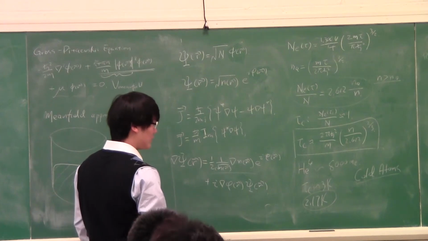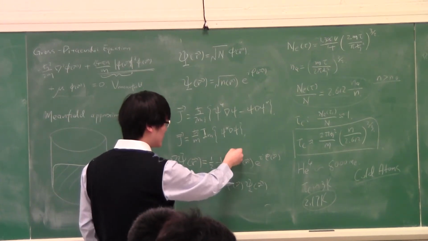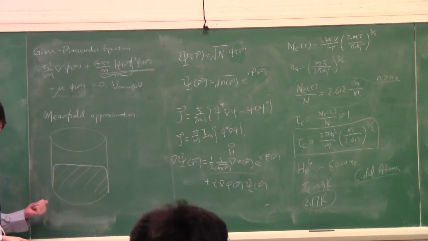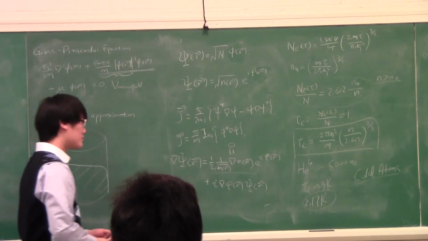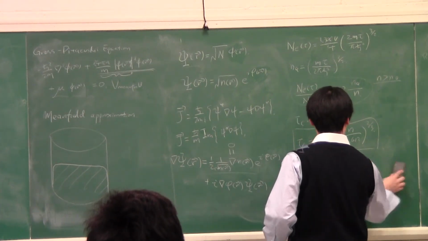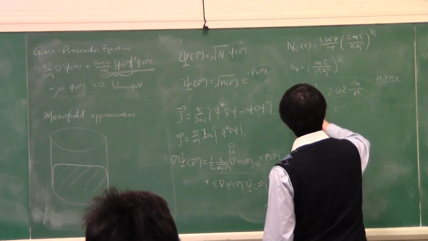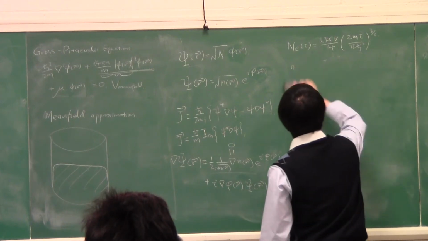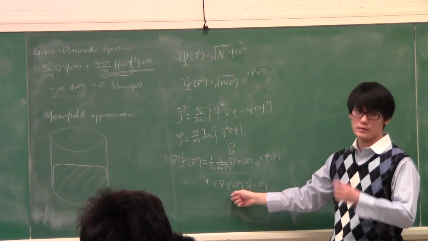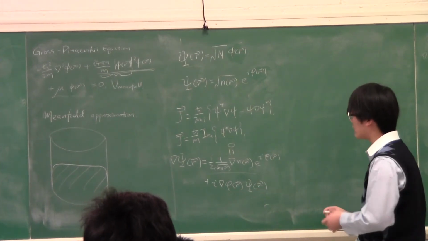Alright, so now we're going to approximate this to 0, by virtue of the solution of the Gauss-Minkowski equation. What this allows us to do is relate the probability current to this phase vector and the gradient of this phase vector.